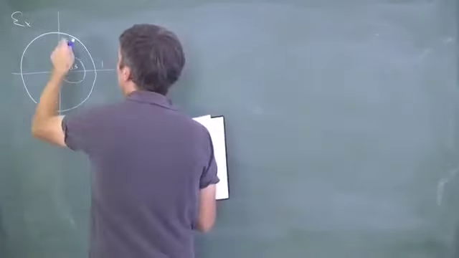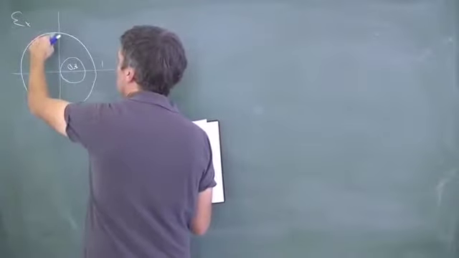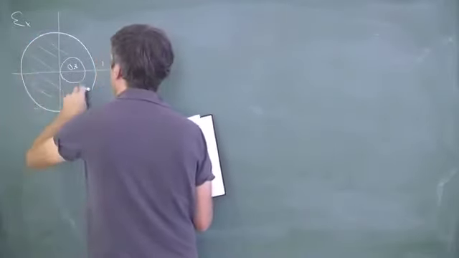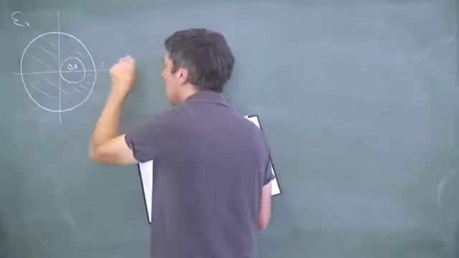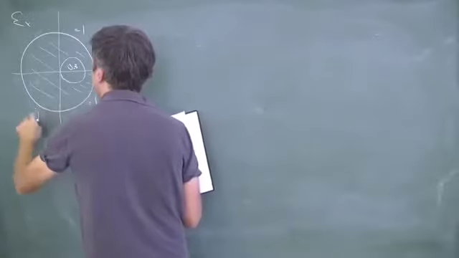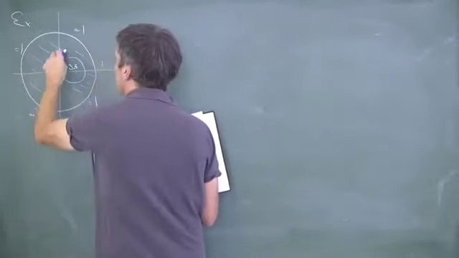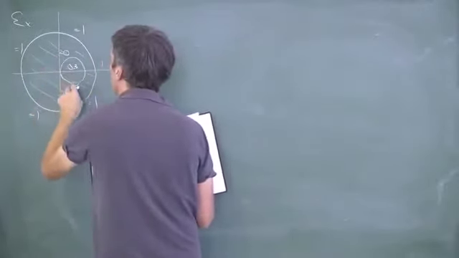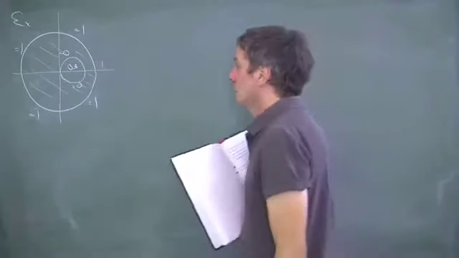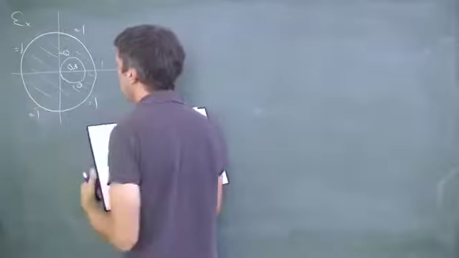And then we want to find a function which is harmonic in this region and which takes the value 1 on the outer boundary and the value 0 on the inner boundary. So how do we find such a harmonic function?